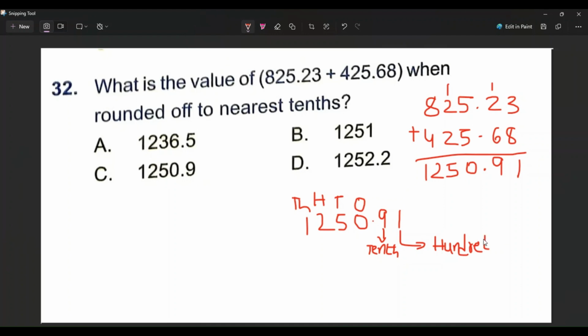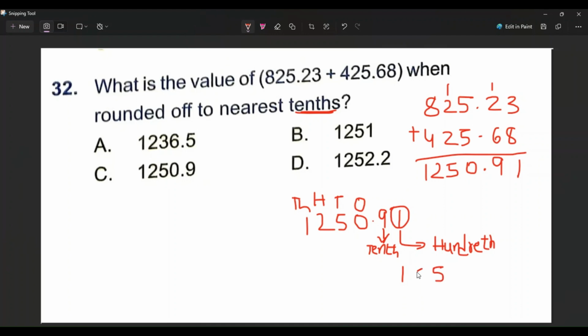So in the question, we are given that the number should be rounded off to tenth place. So rounding off to tenth place, we are supposed to compare the extreme right of this number, 1, with 5.